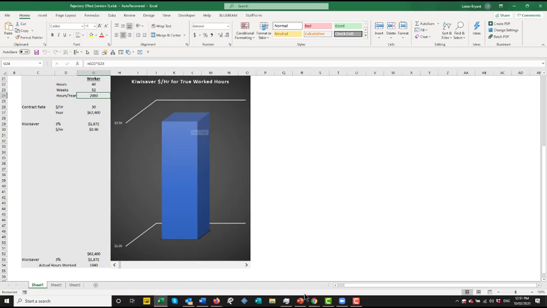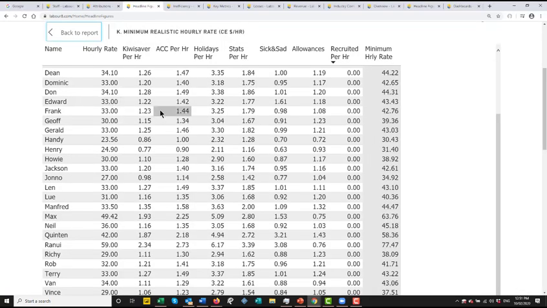So I'll go back now to our report. So these figures across here are not static, is what I'm really pointing out, and at any given point in time you need to understand them in context that the minimum hourly rate per hour worked when they're physically at work changes periodically, and you need to keep on top of that to know what your true hourly rates are.